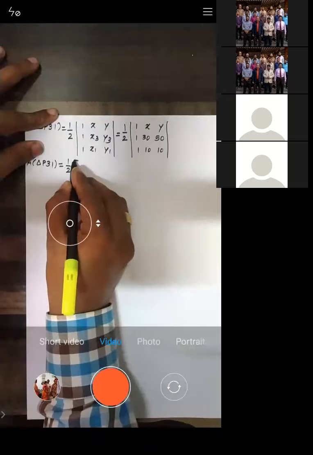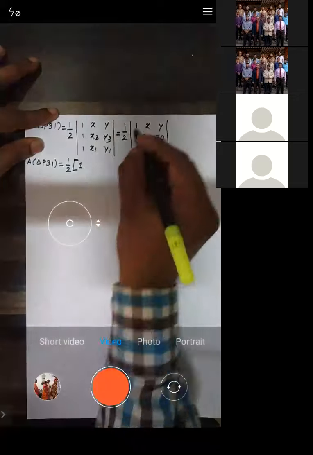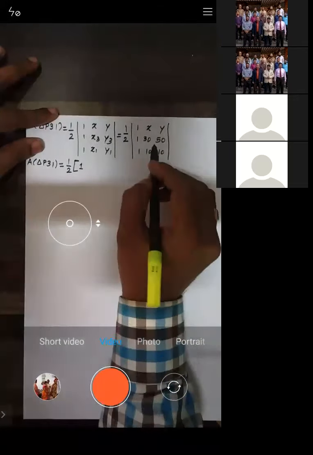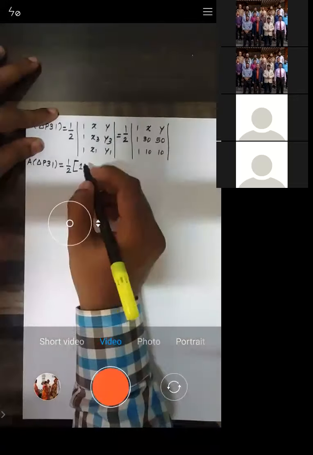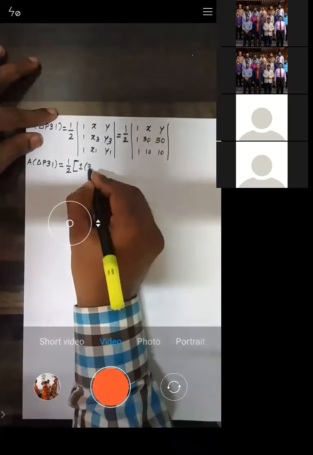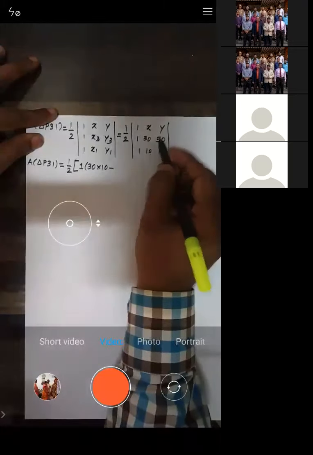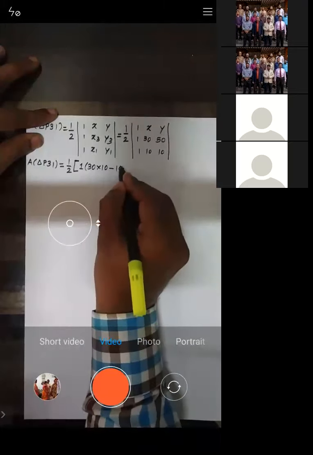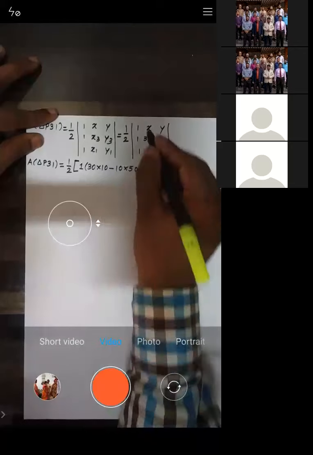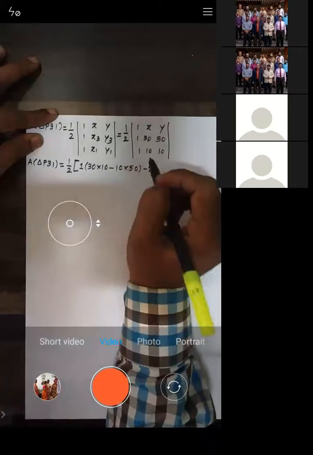Into this one I will write 1, and this is 1. So this row and this column get cancelled. What is remaining? 30 into 10 minus 10 into 50. Then minus x. This row and this column get cancelled.